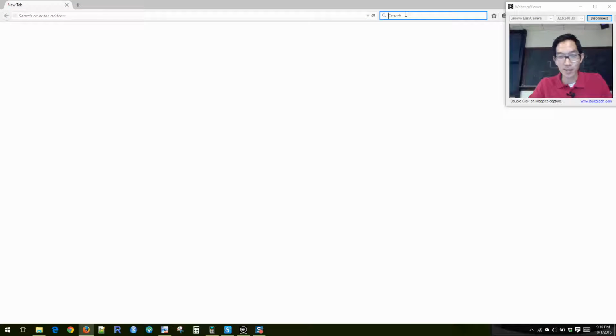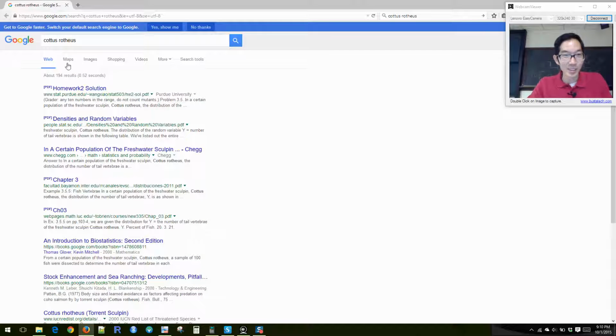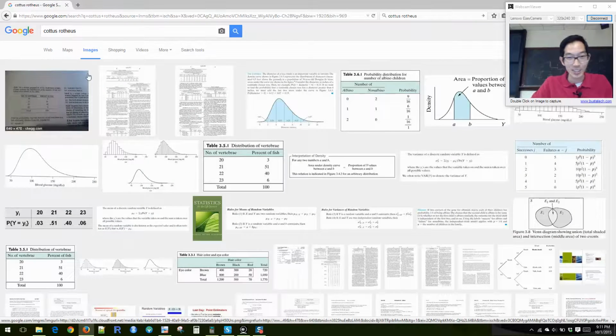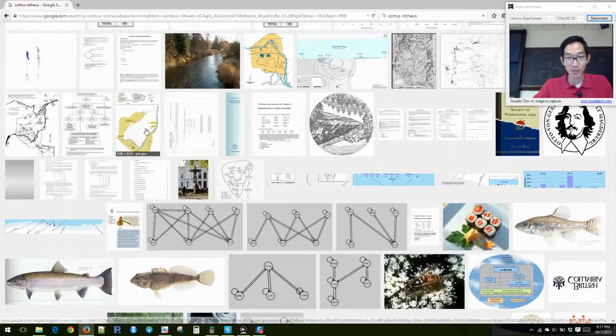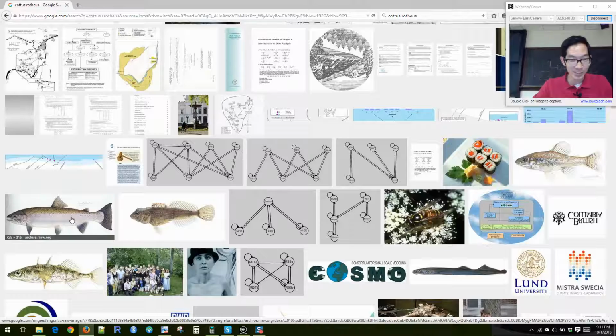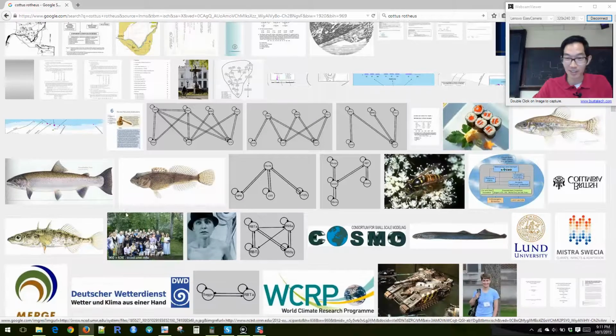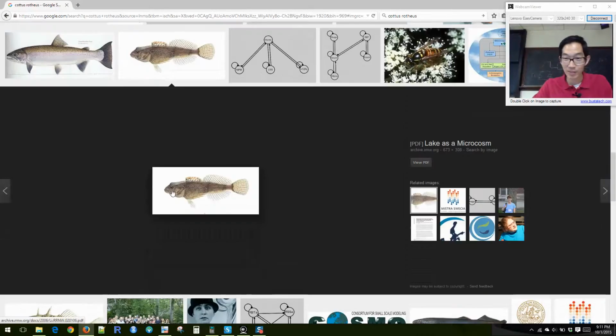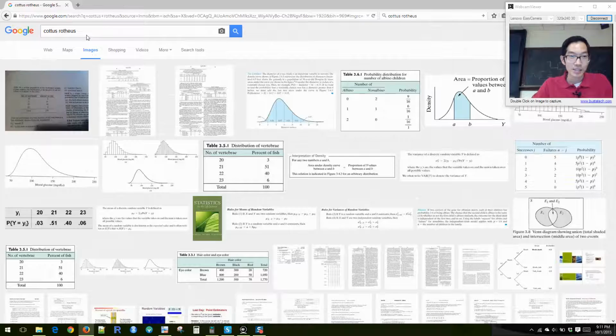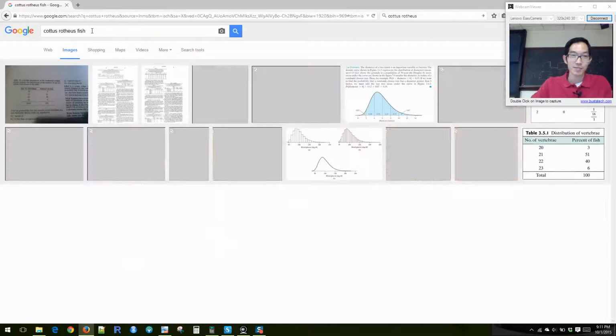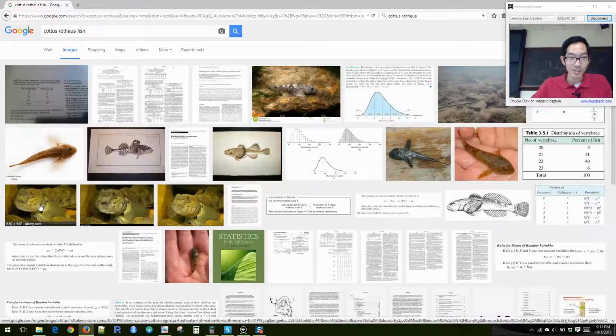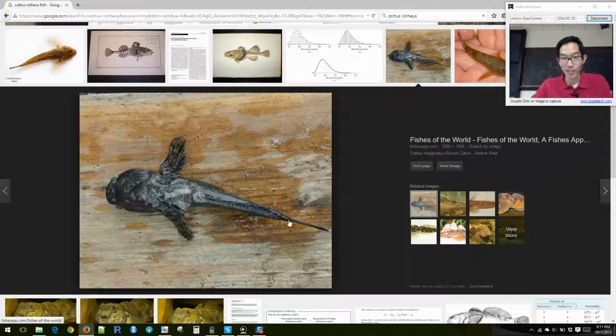I think this is an ugly looking thing, but oh look, somebody's looking at the same homework solutions. Is this it? No, these don't look the same. Okay, this apparently is what the fish look like.